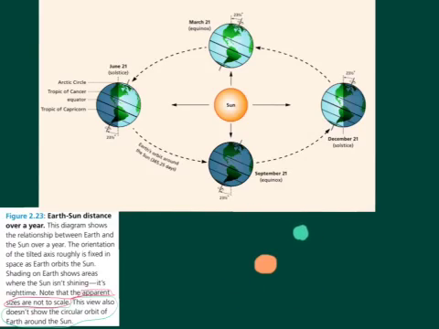This diagram is in an oval, but the caption says, "Note that the apparent sizes are not to scale. The view also doesn't show the circular orbit of Earth around the sun." Even right here, it says circular orbit. So the Earth doesn't get further or closer to the sun at any time.